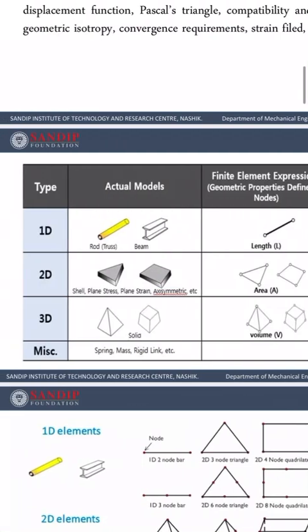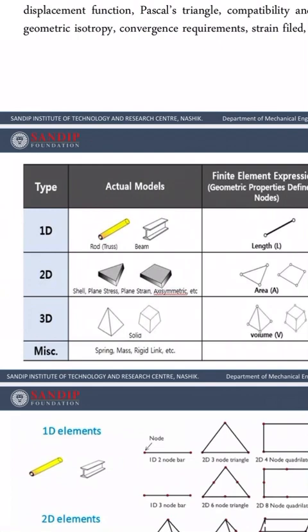Then for two-dimensional problems, examples are shell, plane stress or plane strain, thick plate or thin plate, or thin disc. These examples are considered to be two-dimensional problems. And for three-dimensional problems, all solid elements or solid geometries are considered three-dimensional problems.